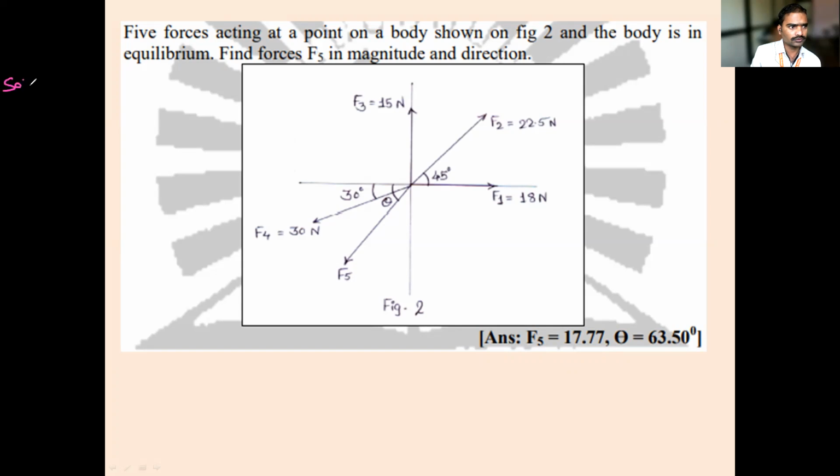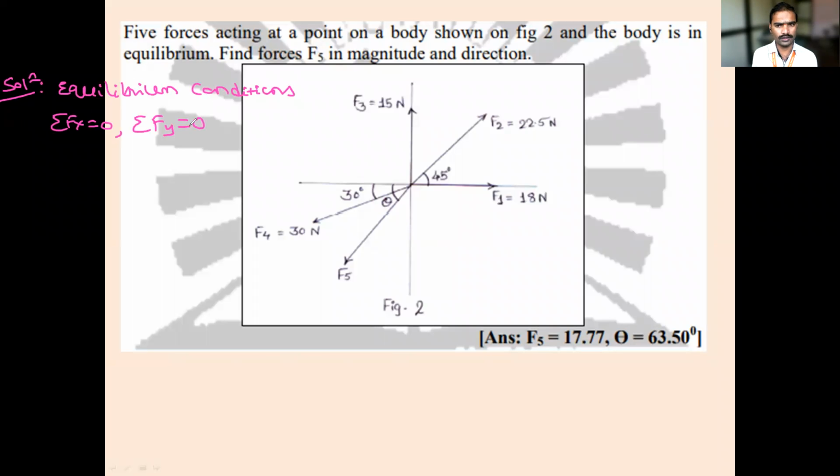Summation of Fx is equal to 0 and summation of Fy is equal to 0. Equilibrium conditions. So that is sigma Fx is equal to 0, sigma Fy is equal to 0. Okay, is it concurrent or non-concurrent?